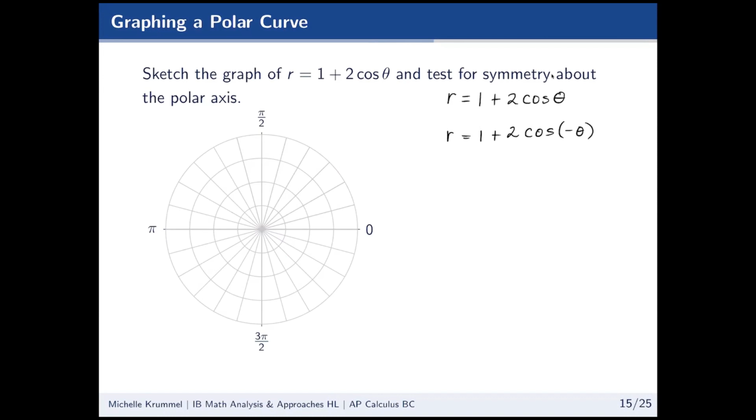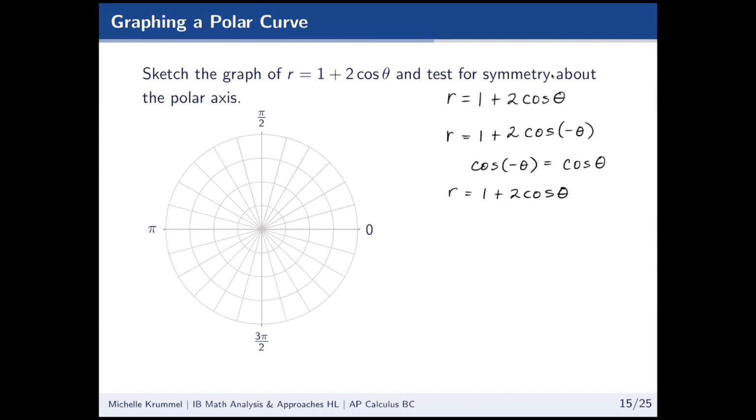Now, there is an even-odd trig identity here. Cosine is an even function. And so we know that the cosine of negative theta does indeed equal the cosine of theta. So we have r equals 1 plus 2 cosine theta, which is the original function we started with.